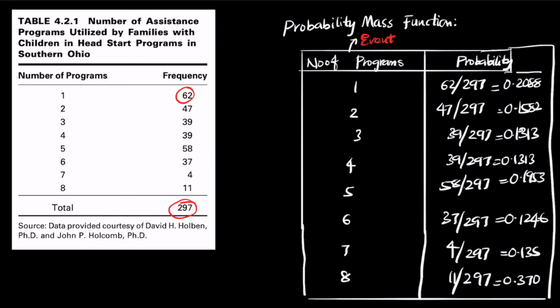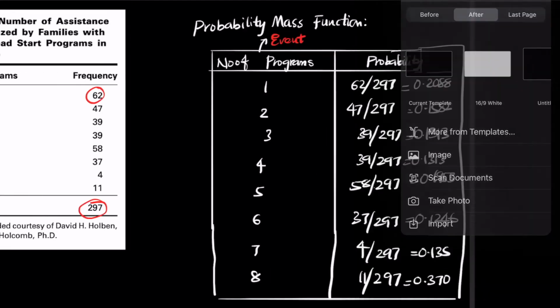Now, what are the properties of a discrete probability distribution?